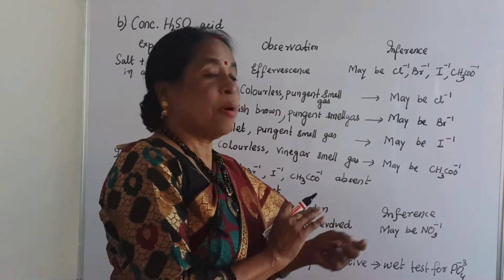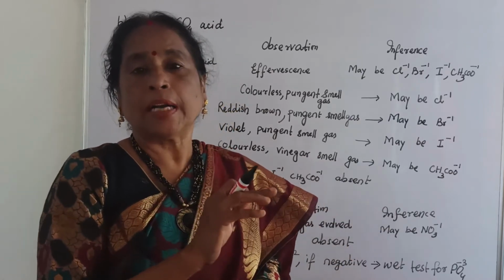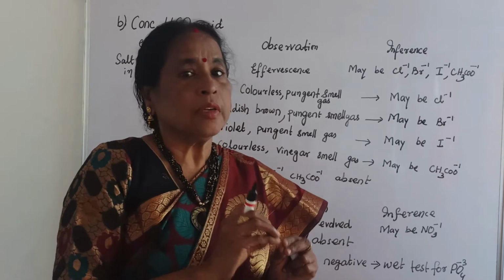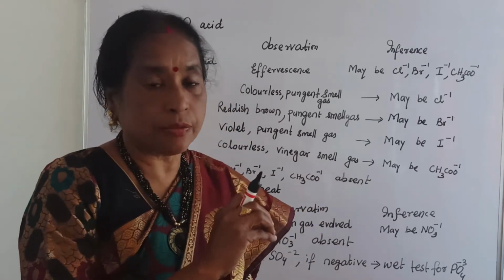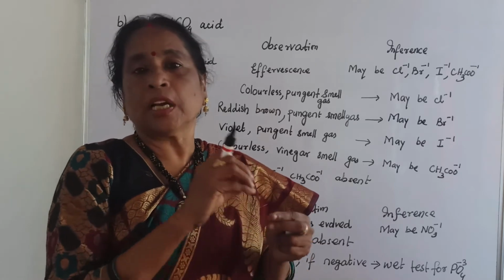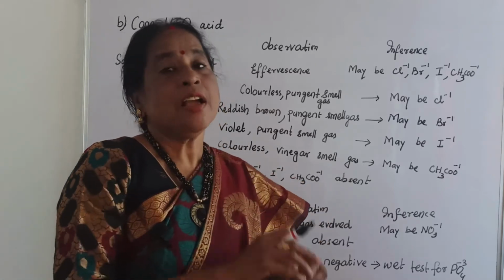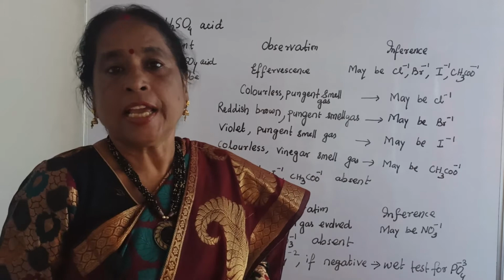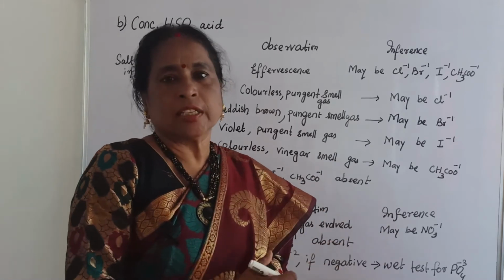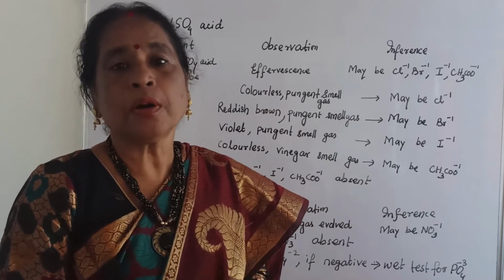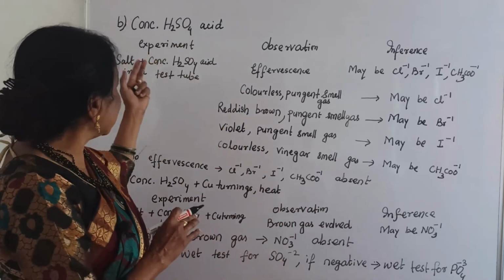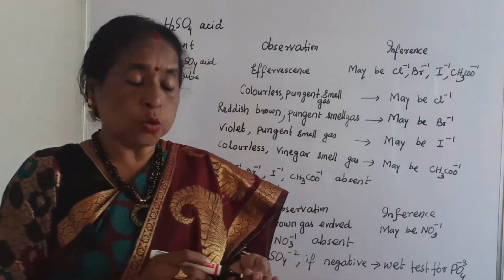That is phosphate, PO4 minus 3. Here also there is a wet test, the confirmed test, for phosphate. According to that test you check whether it comes or not. If it is positive, then you can say your radical is phosphate, PO4 minus 3.